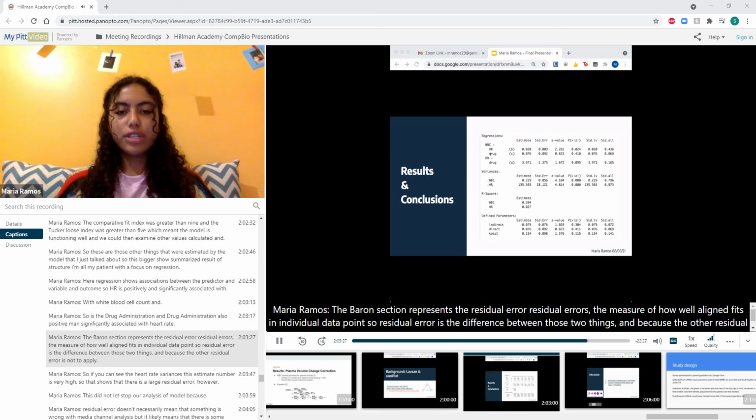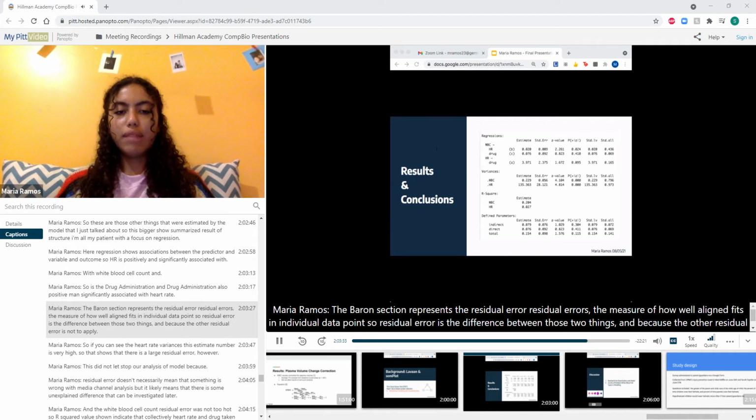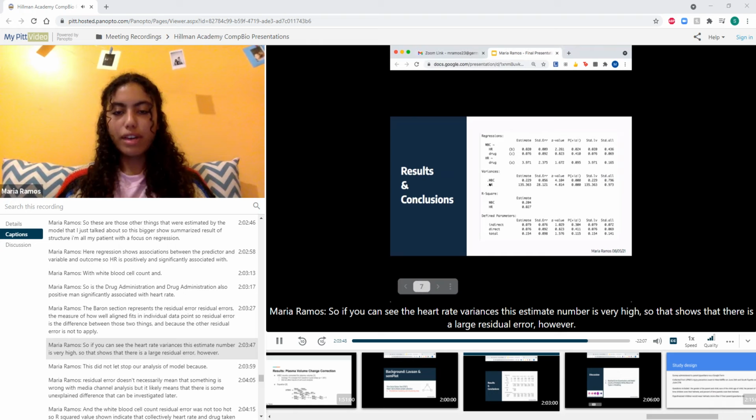The variance section represents the residual error. Residual error is a measure of how well the fit aligns with an individual data point; it is the difference between those two things. If you look at the heart rate variances, this estimate number is very high, which shows that there is large residual error.